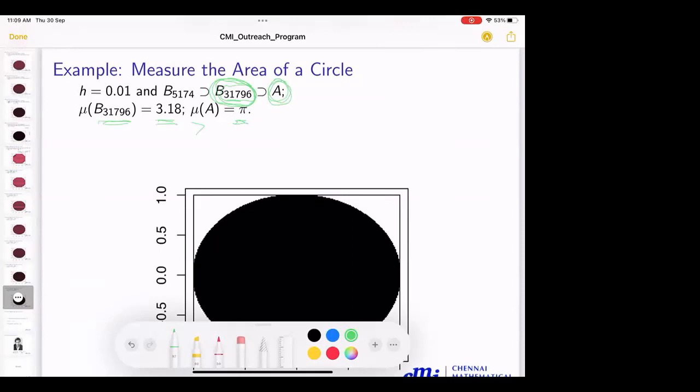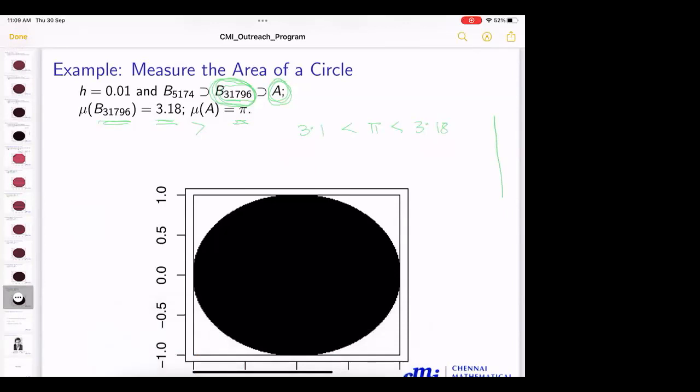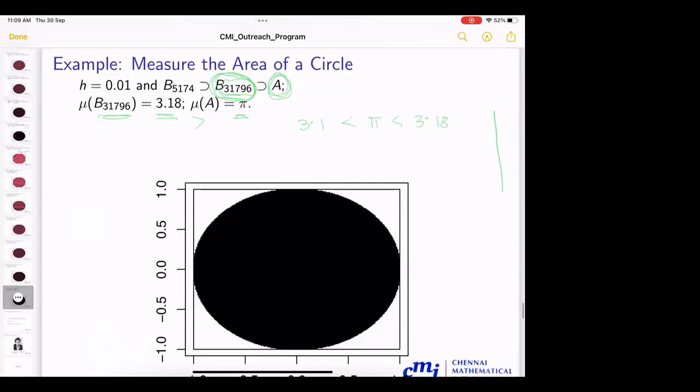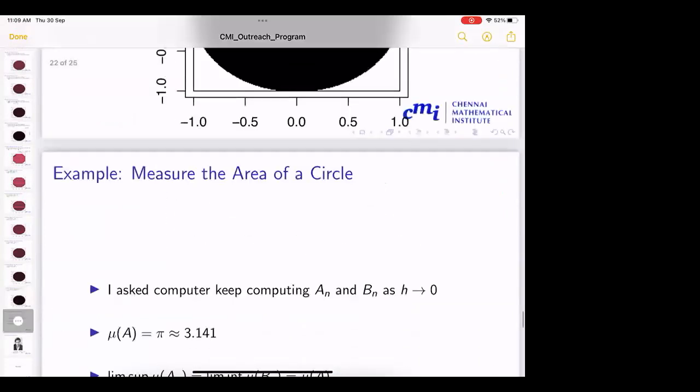So now we have a bound. And what is that bound? That pi is definitely less than 3.18 and greater than 3.1, right? That is what we found, correct? But we can push the limit, then we do know what happens.